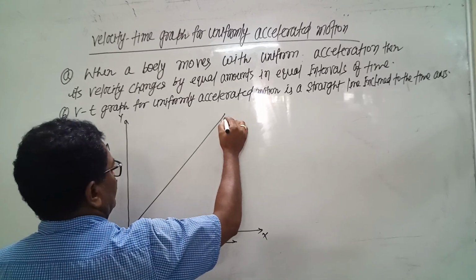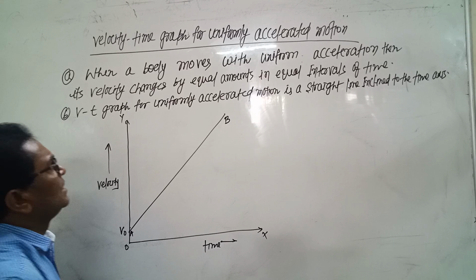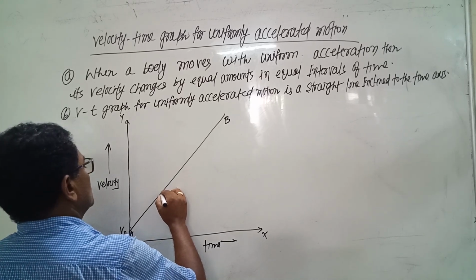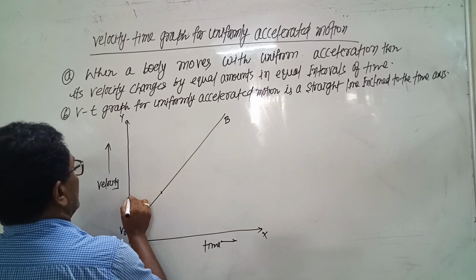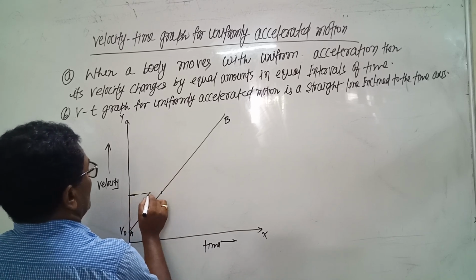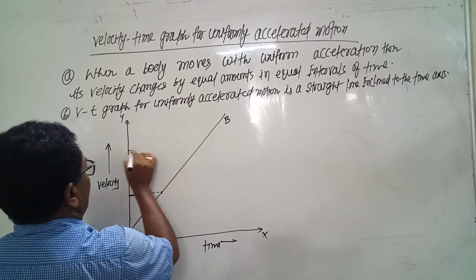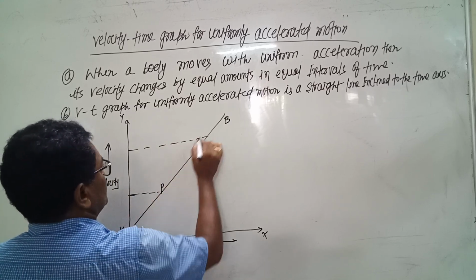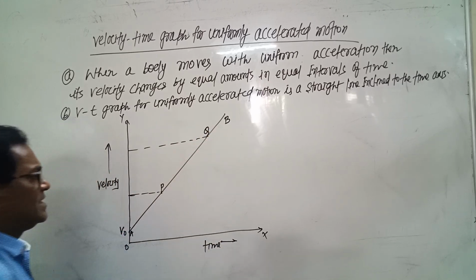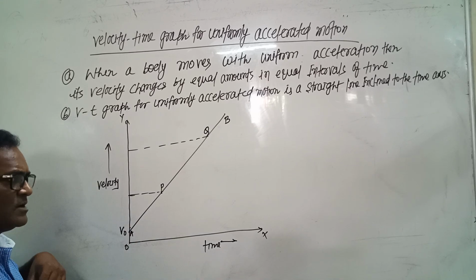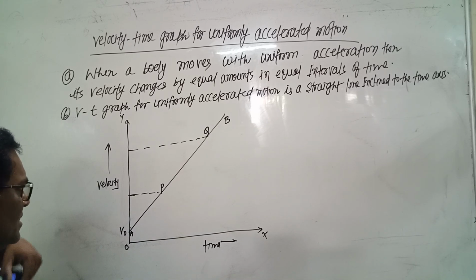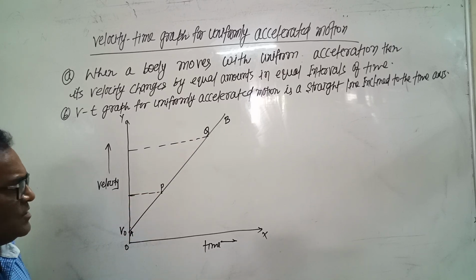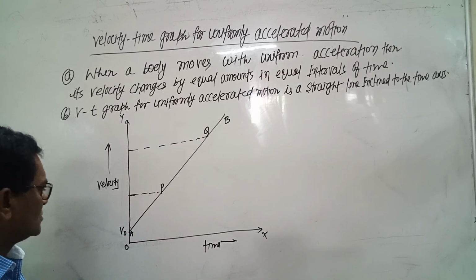AB is the graph of uniformly accelerated motion. Let us suppose 2 points on the graph, named P and Q.